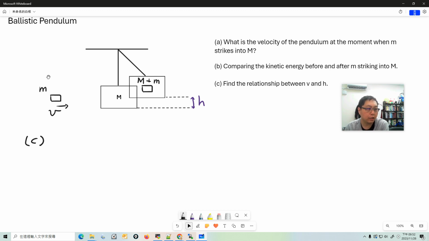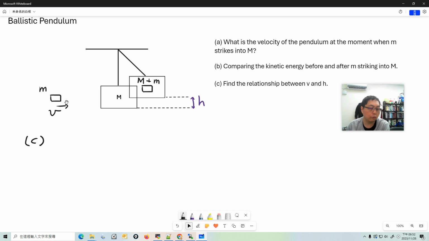Like I said previously, when the bullet strikes into the capital M, this whole system will carry a velocity, and then the whole system swings up to the height h. So this is an energy transition problem.